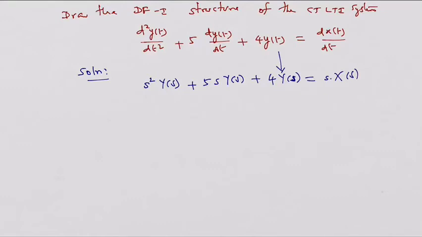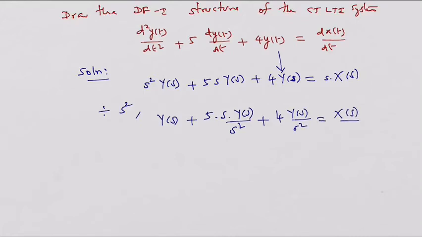And if you divide by s squared on both the sides, it will become Y of s plus 5 times s into Y of s by s squared plus 4 times Y of s by s squared, which is equal to X of s by s.